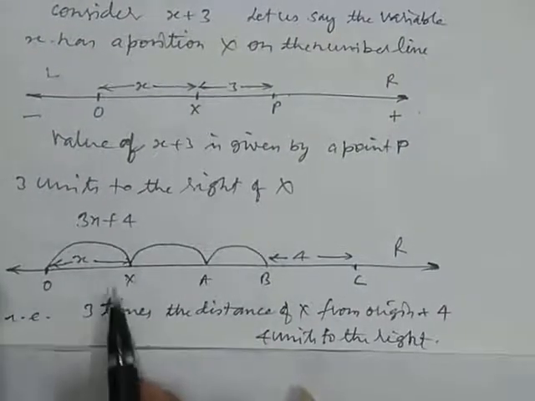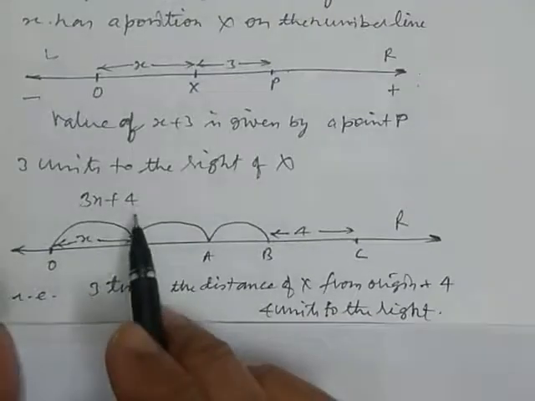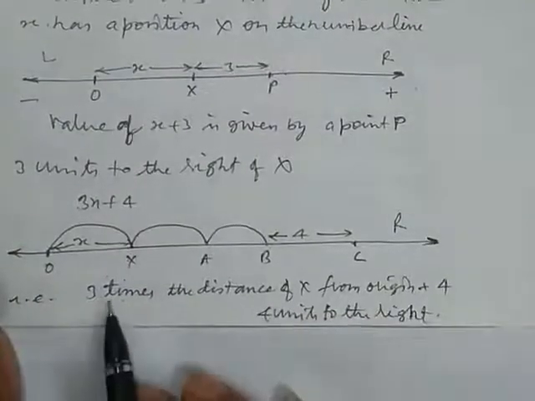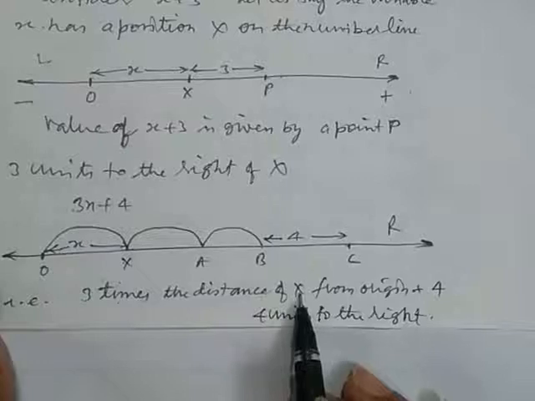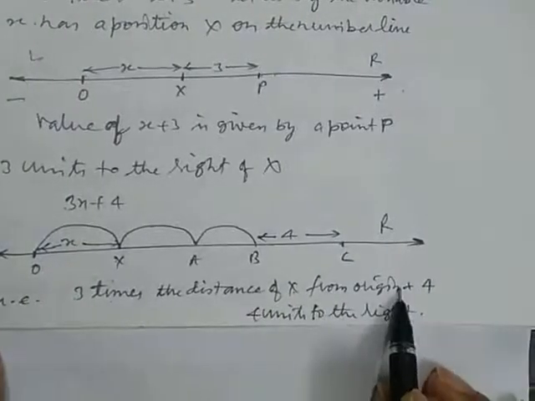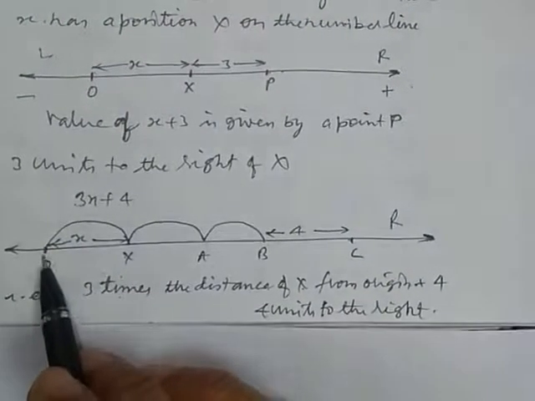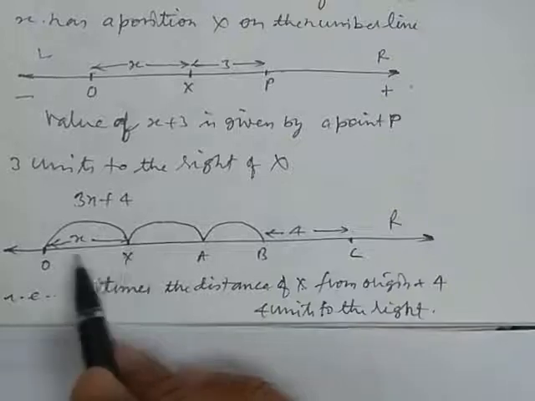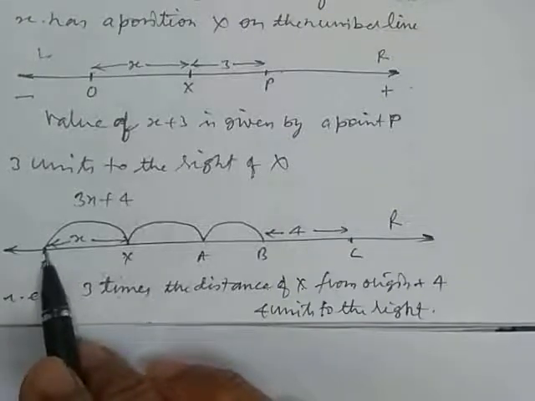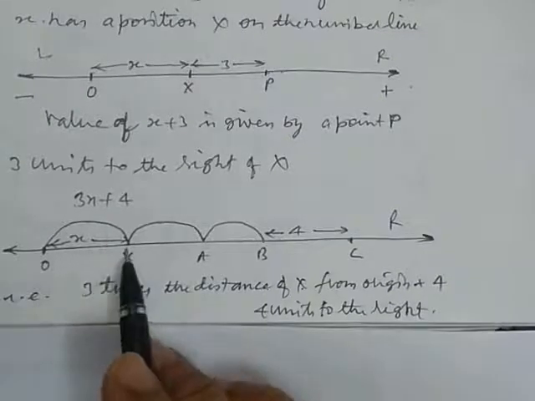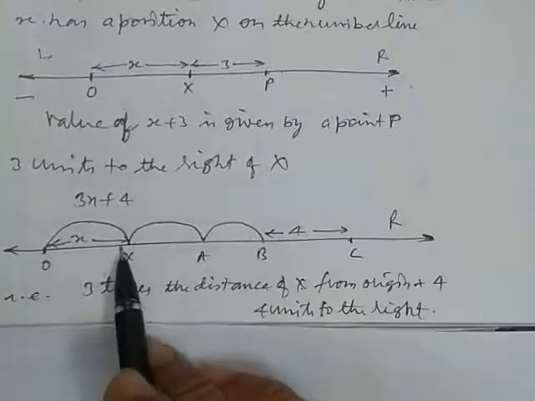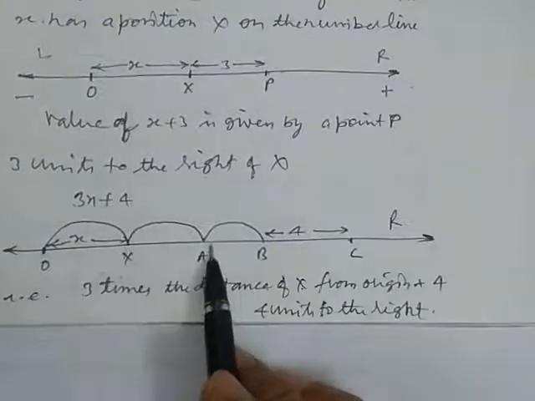So what is the meaning of this 3x plus 4 on the number line? 3 times the distance of x from the origin. This is the origin and this is x. First we move 3 times the distance of x from the origin. This is the 3 times.